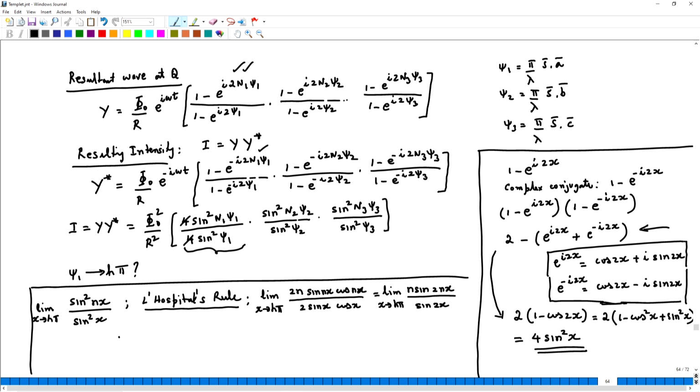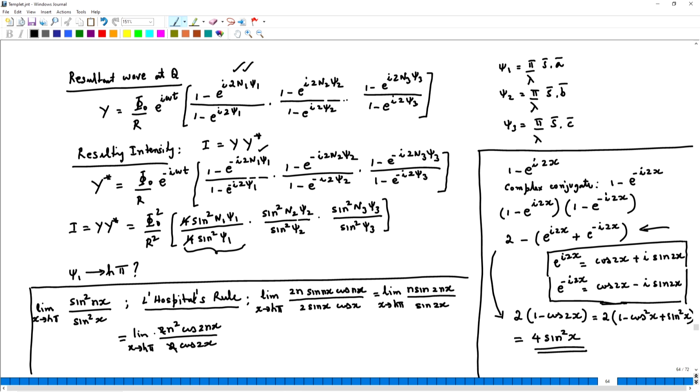This then becomes 0 upon 0 again, so differentiate again. On a second differentiation, I will get 2 n square cos 2nx divided by 2 cos 2x.